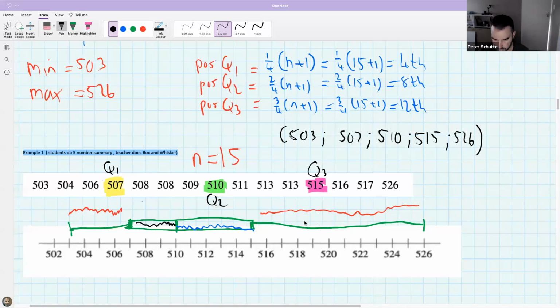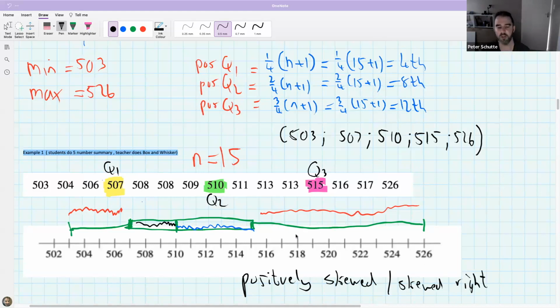Now, the fancy word that we use for when one side is more spread out than the other is skewed. And so in this example, we say this data is skewed to the right, or we say it's positively skewed. So we can say positively skewed or skewed to the right. And all it really means is, on which side is the data more spread out?